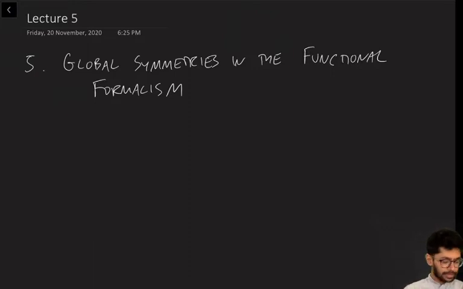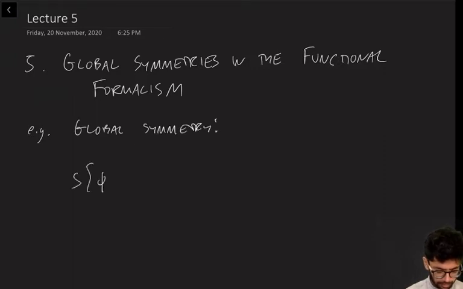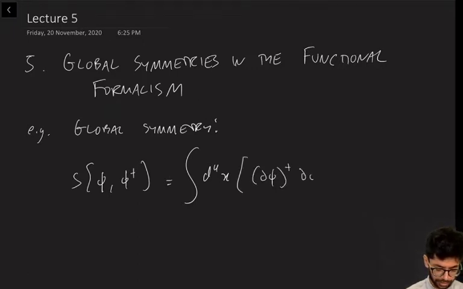Okay, so let me give you an example of a global symmetry. An example of a global symmetry is, for example, the complex scalar field. So consider the theory that depends on phi and phi dagger, defines a complex scalar field, and consider the following action: d phi dagger d phi minus m squared phi dagger phi.